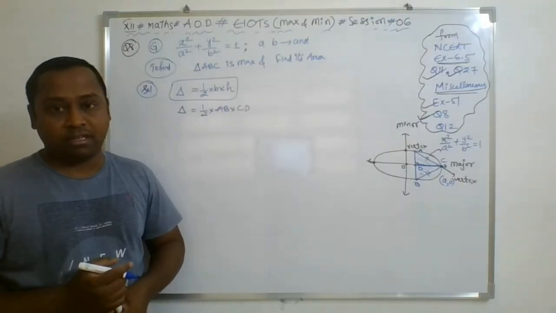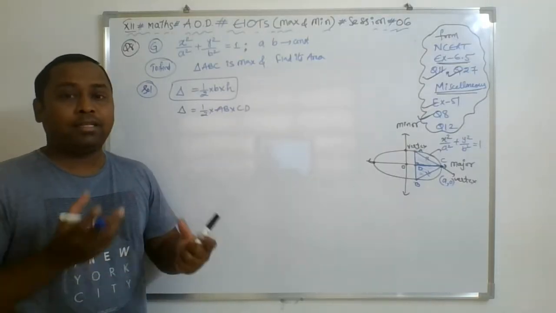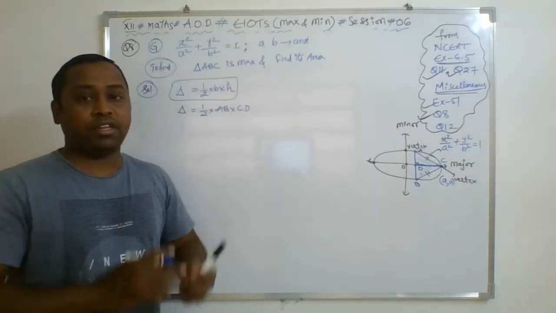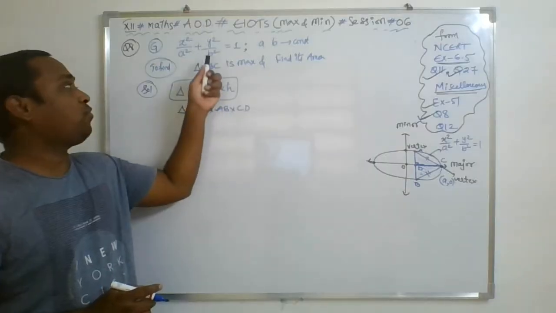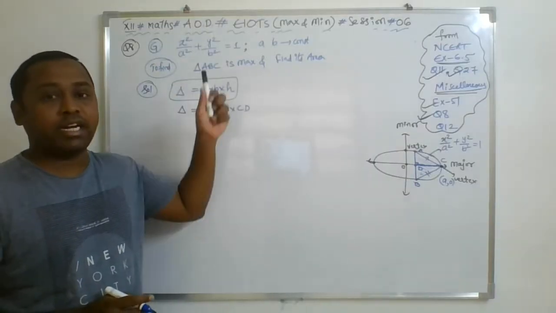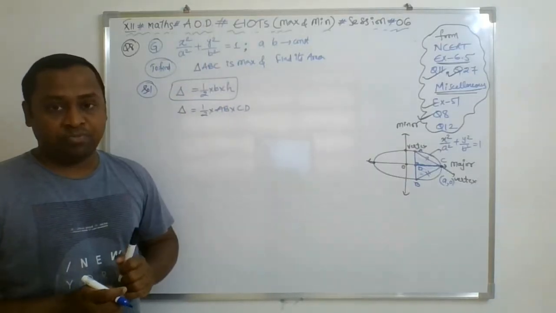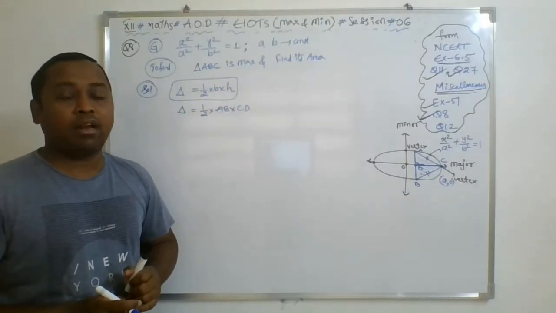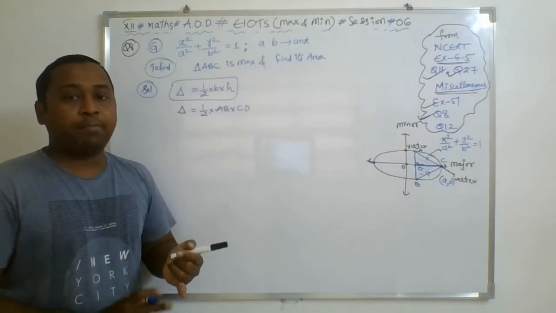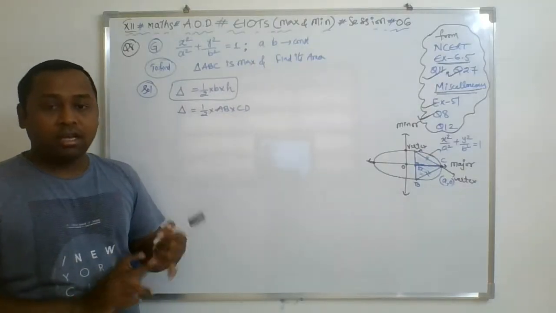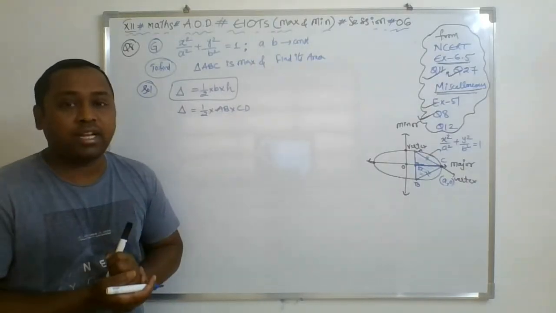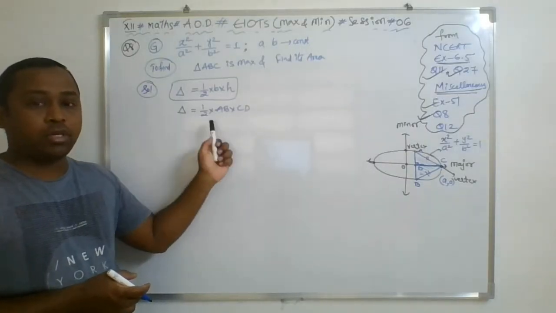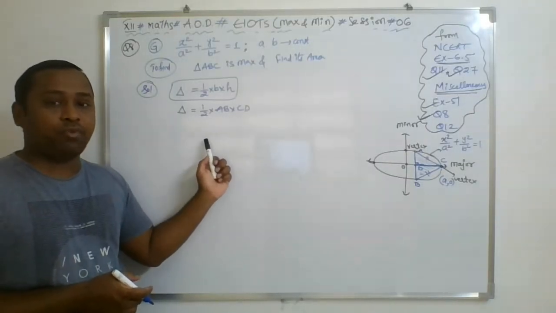You already know the parametric form of an equation. The two variables x and y are connected to a third variable, satisfying the given ellipse. So this is called the parametric form of the equation. I am taking the help of parametric form and trigonometry. By combining these two things, I will be able to write the area of the triangle in the simplest way.